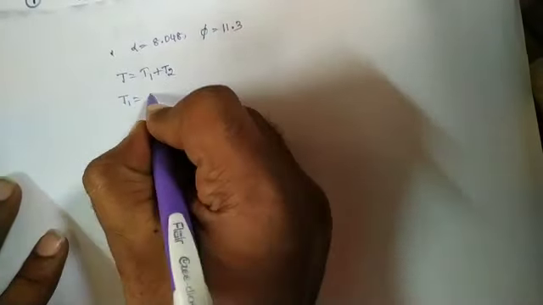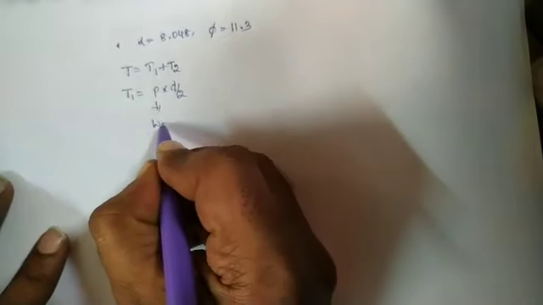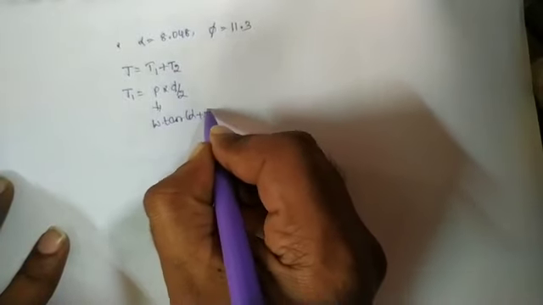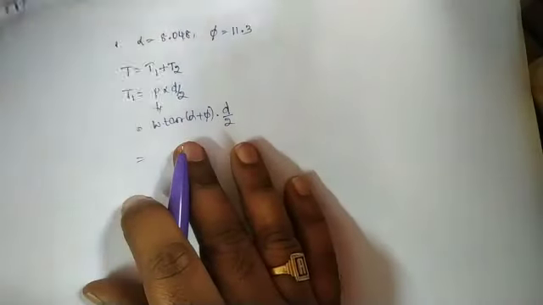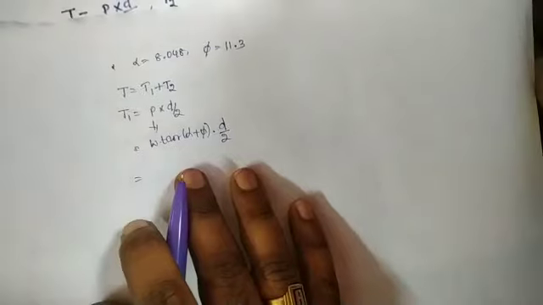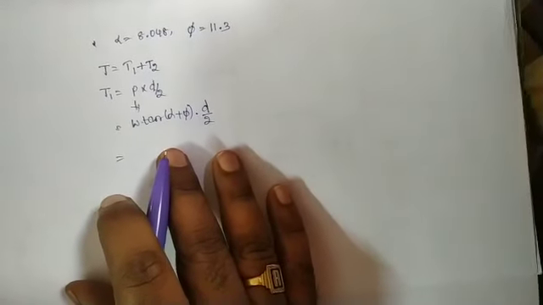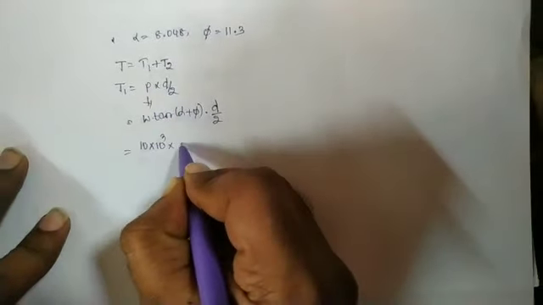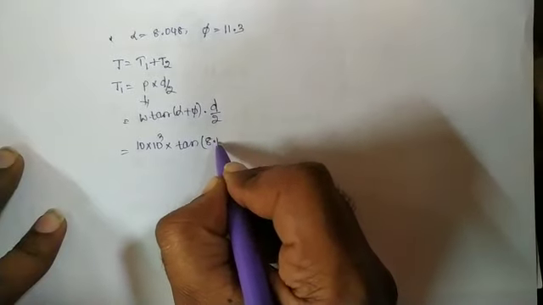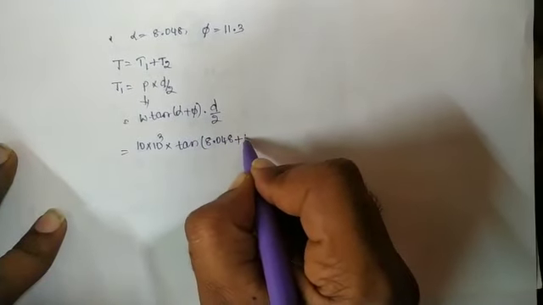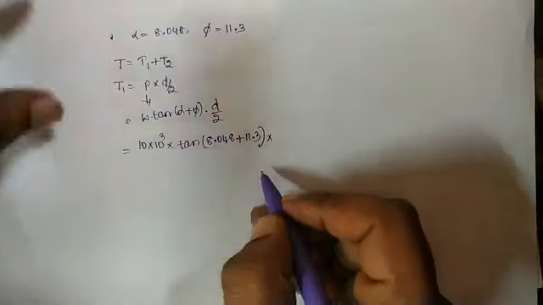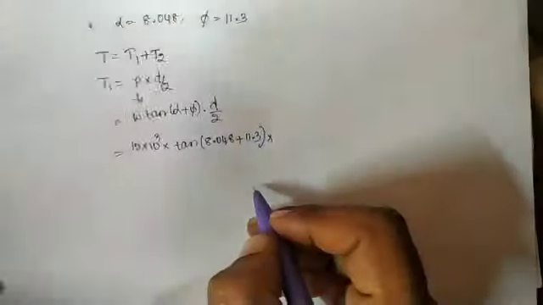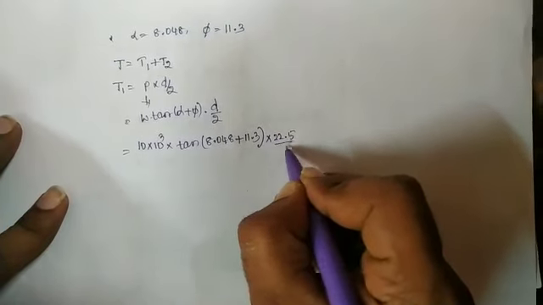T1 equal to P into d by 2, where P equal to W into tan of alpha plus pi, into d by 2. What is W? W equal to 10 kilonewtons, that means 10 into 10 cube, into tan of 8.048 plus 11.3, into small d equal to 22.5 by 2.